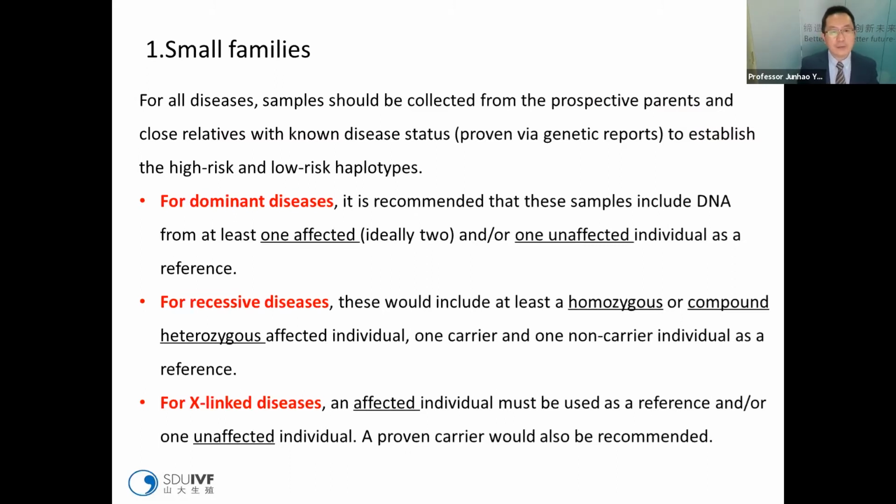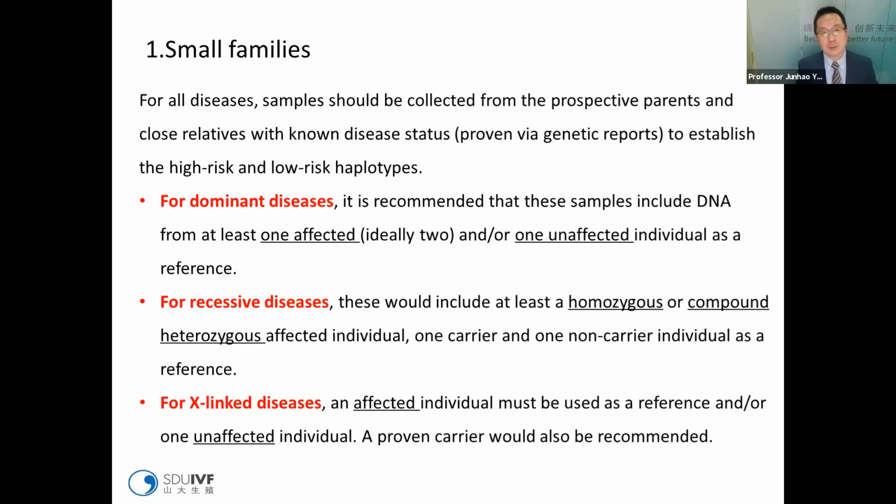And for recessive disease, at least homozygous or compound heterozygous affected individuals, one carrier and one non-carrier individual as a reference. And for X-linked disease, unaffected individuals must be used as a reference.